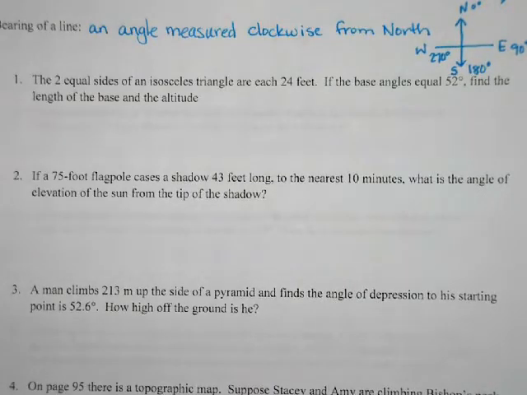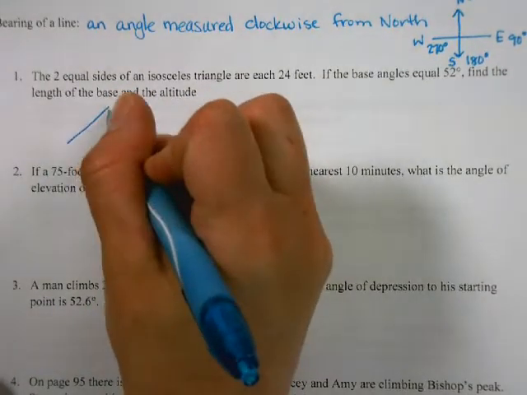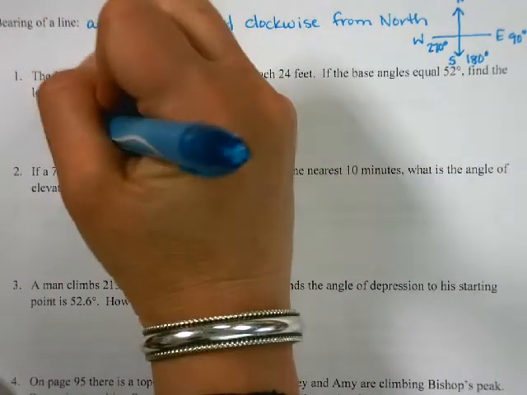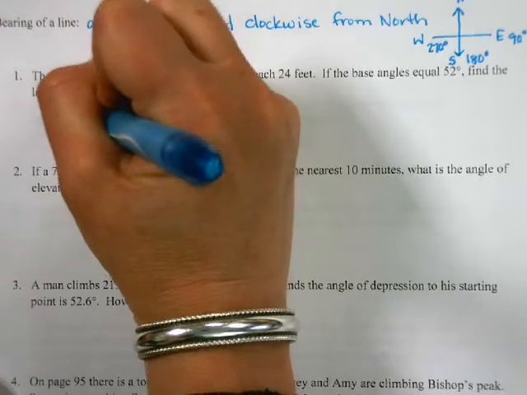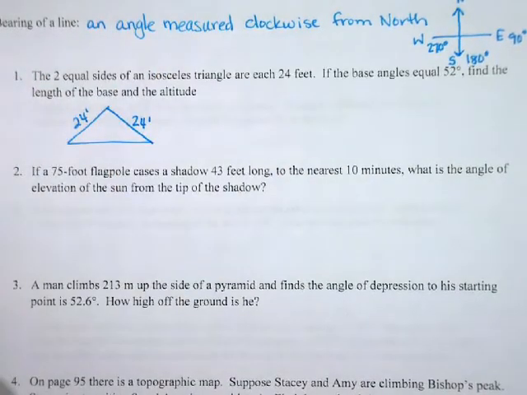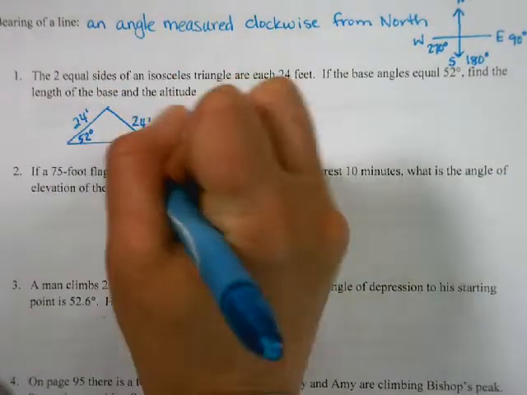What's that mean? Two of the sides are the same length, right? Okay, so here we go. They're both 24 feet. The base angles are 52 degrees.